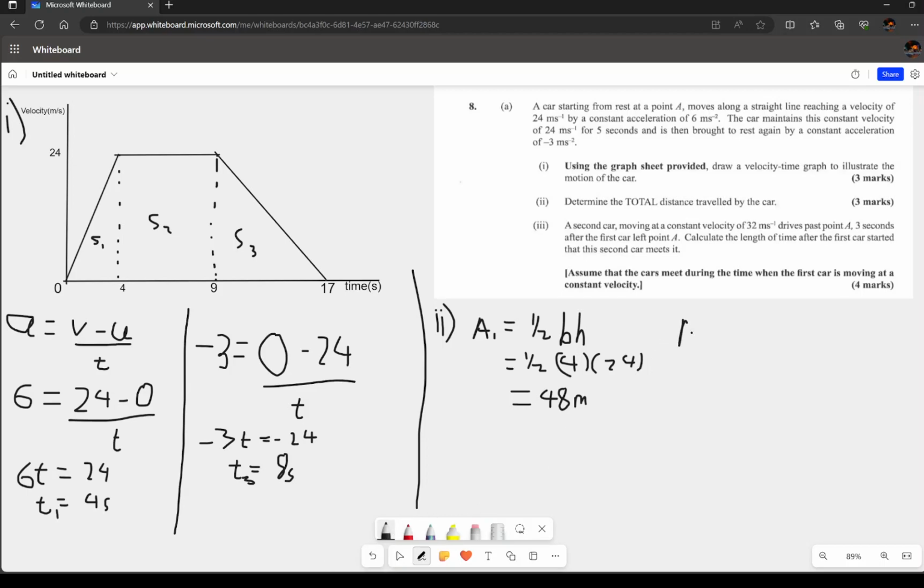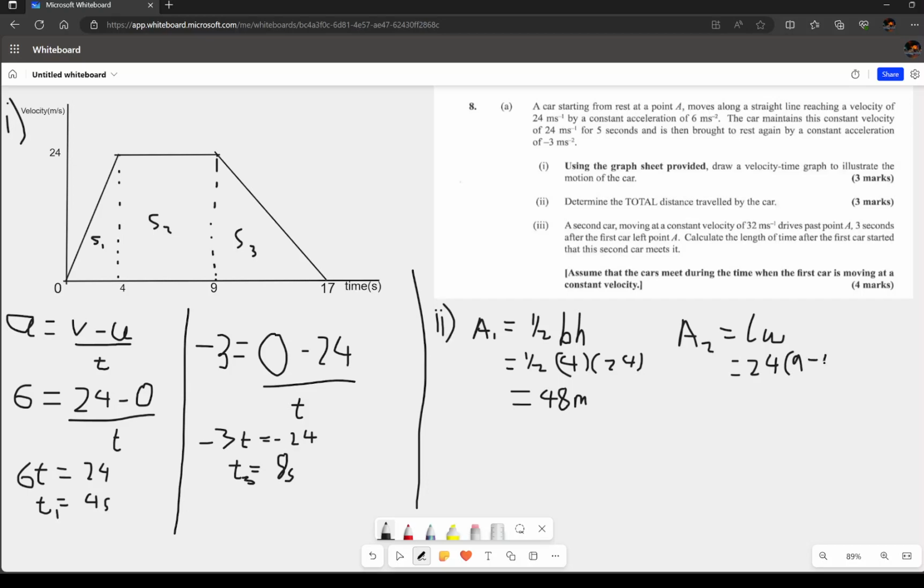Okay, so now A2, corresponding to stage 2, is a simple rectangle, length times width. So that's just going to be length being 24, aka our velocity, and our time, which corresponds to the difference between 9 and 4.